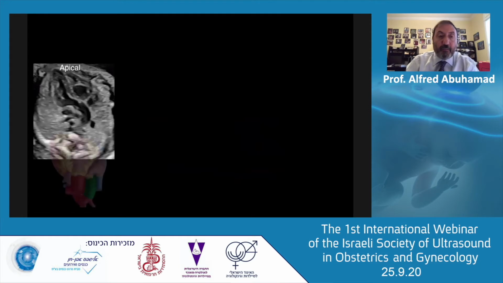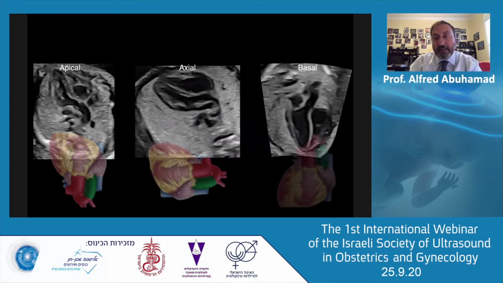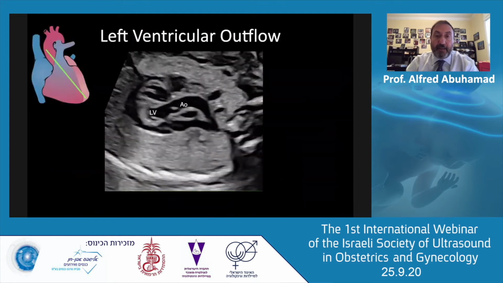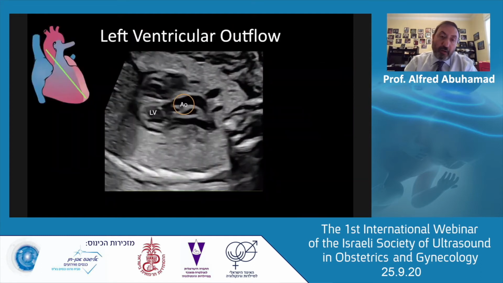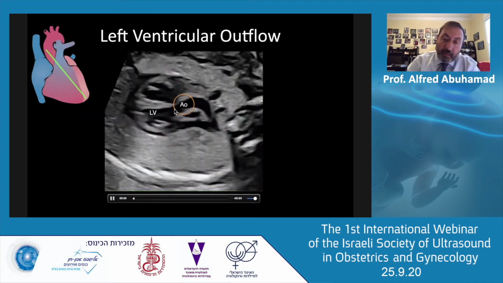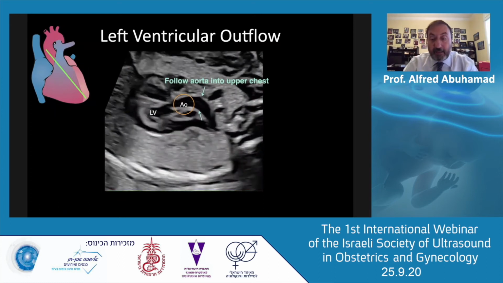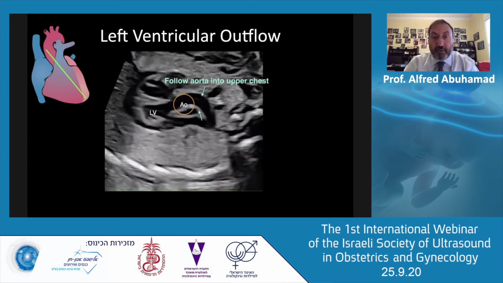And that is really important, because whether you're looking at it from an apical, from an axial, or from a basal view, these vessels should not show any branching. That is really important. So not only evaluate the aorta here to make sure there's no override, but follow it into the upper chest in the axial plane to make sure it does not give any branches.